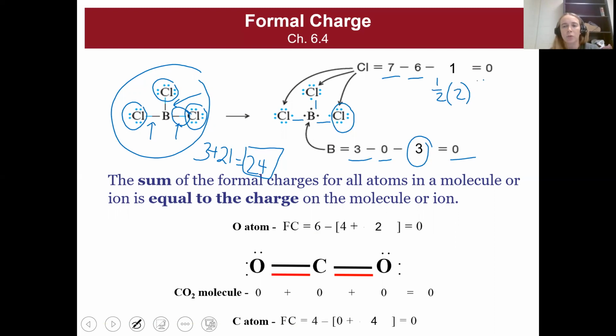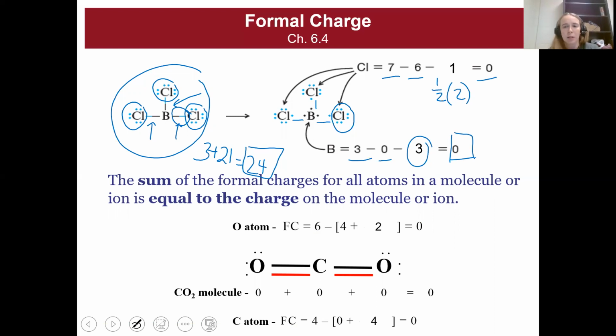I guess I didn't do the whole thing up here. So it was 7 minus 6 non-bonding electrons minus 1 bond gave us 0. So both of these atoms, well, technically all 4 of these atoms, because all 3 of the chlorines are the same, all of these atoms have a formal charge of 0, which is good.